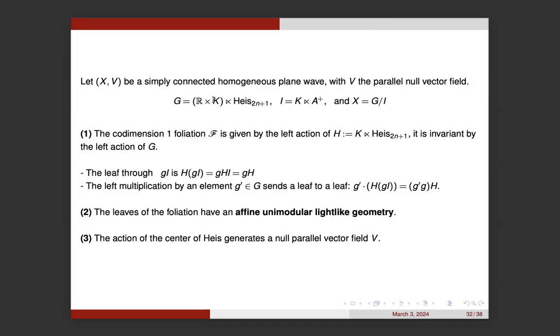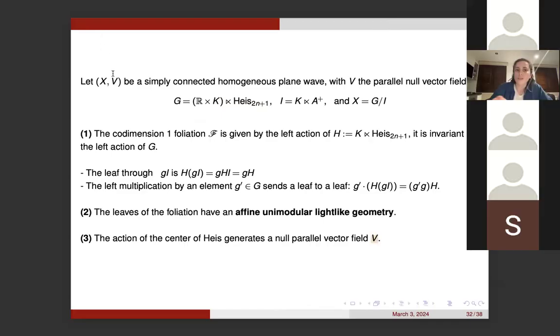And in fact, if you look at this group, you recognize a subgroup of the light-like unimodular group. This is a subgroup of O(n) semi-direct Heisenberg 2n+1. And the action of V, this parallel null vector field, is given by the action of the center of Heisenberg.